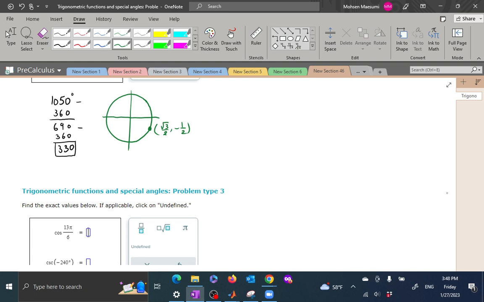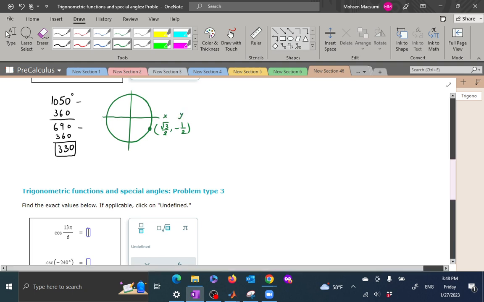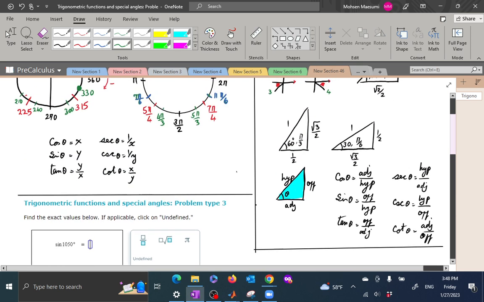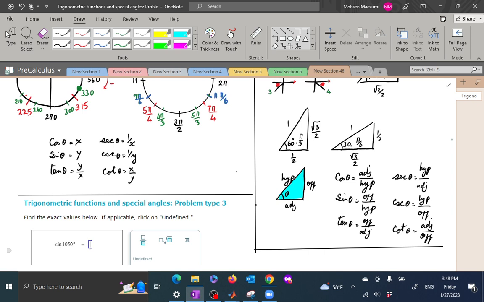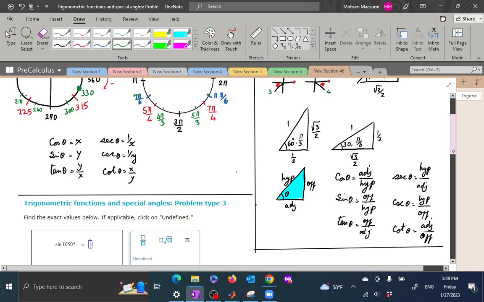This is x, this is y, and we want to apply whatever trig function we want. We have it in terms of x and y. For example, here what's required is sine of 1050. Sine is just y.